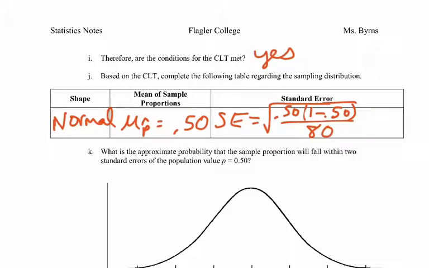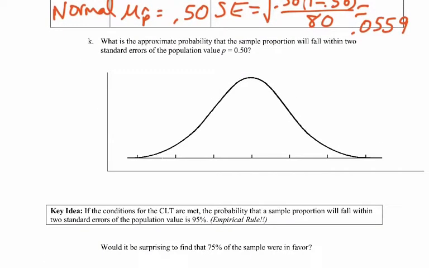And if we crunch those numbers, I'm getting a standard error of about 0.0559. And so the question then is, what is the probability that the sample proportion will fall within 2 standard errors of the population proportion?